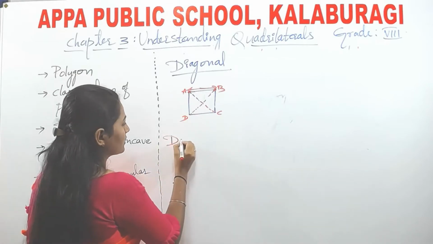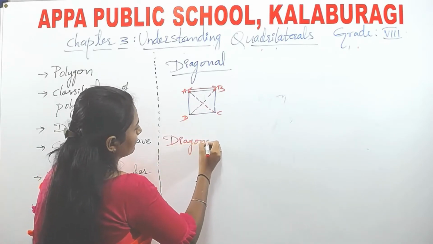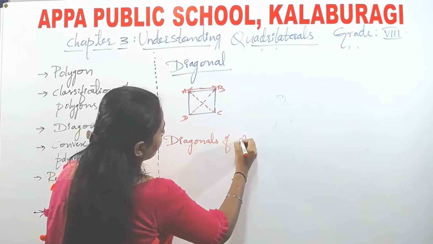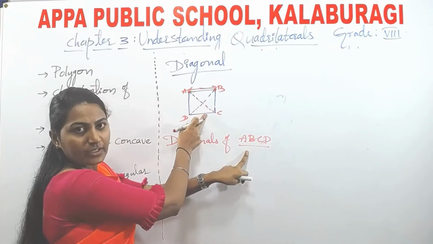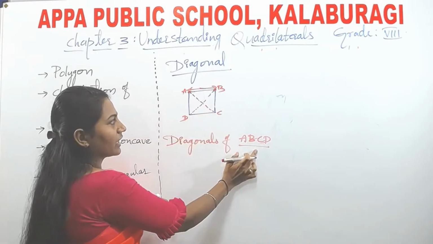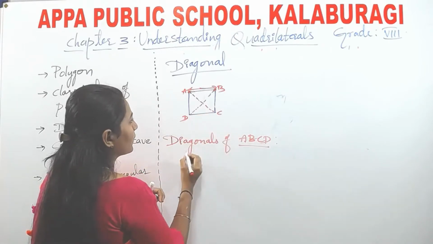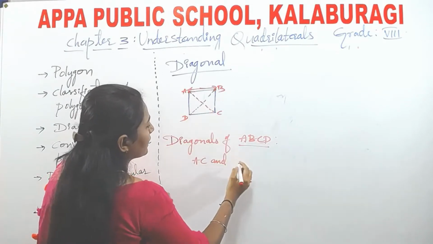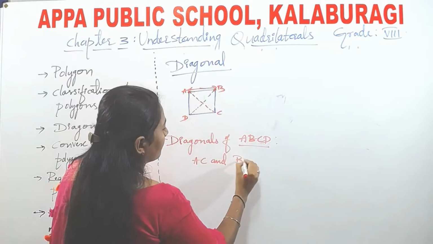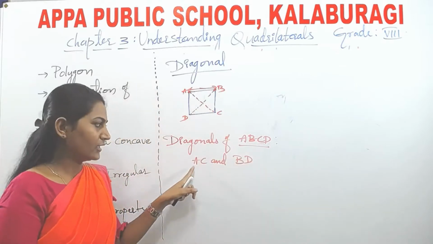Therefore, the diagonals of ABCD. So ABCD is our quadrilateral. So what are the diagonals of ABCD? One is AC and the other is BD or DB. So these are the diagonals.